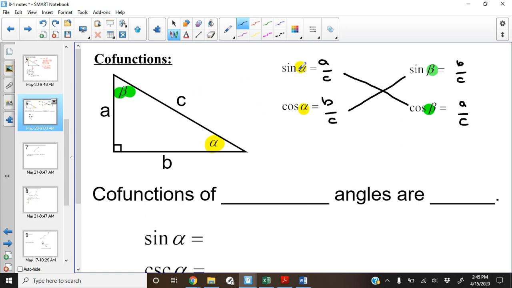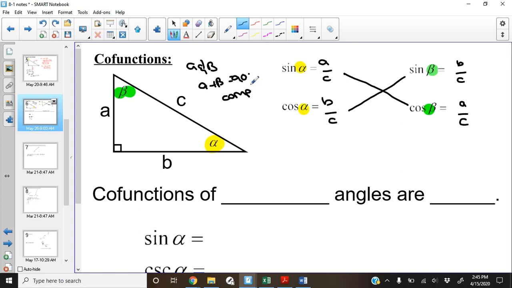Okay, well, what is the relationship between angles alpha and beta? What is the relationship between those two highlighted angles? Well, alpha and beta have to add up to equal 90, right? So alpha plus beta equals 90 degrees. Well, what's that vocab?